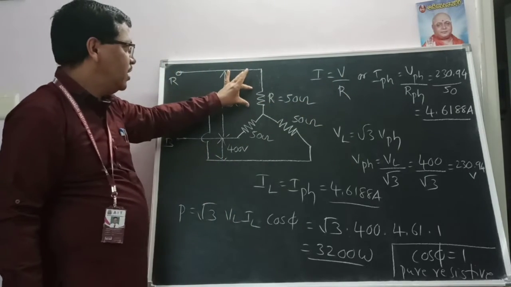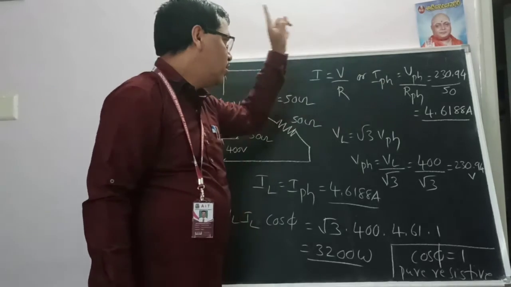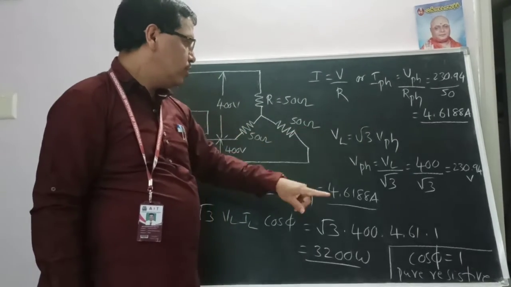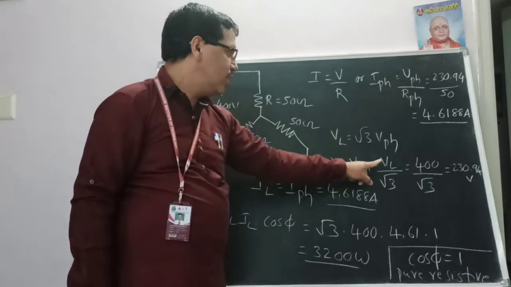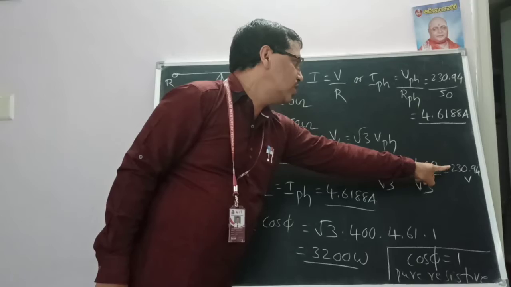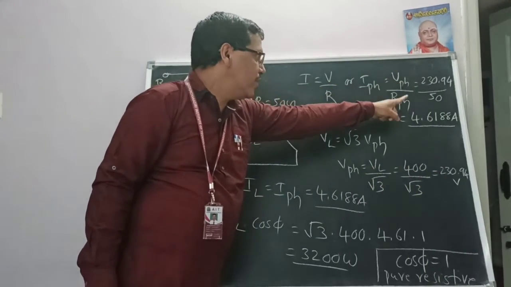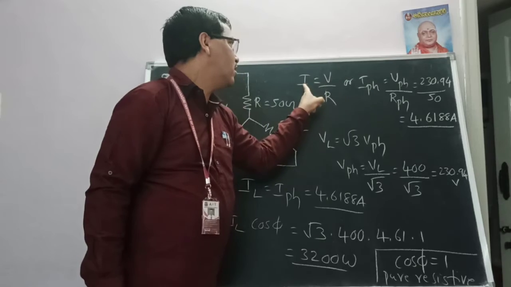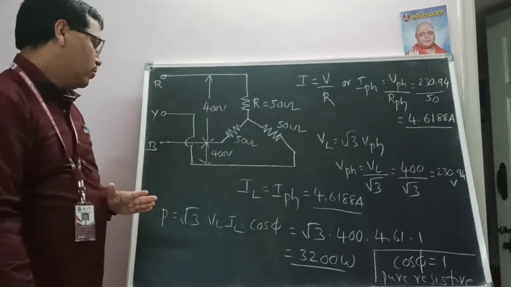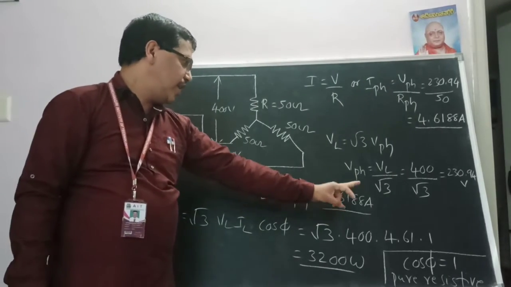The V phase: VL is equal to root 3 into V phase, or V phase is equal to VL by root 3. VL is 400 by root 3, so 230.94 volts. That divided by 50, the R phase, gives I phase as 4.6188 amps. IL is equal to I phase, both are the same, so 4.6188 amps.